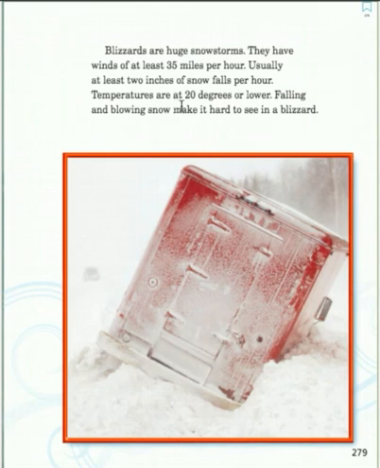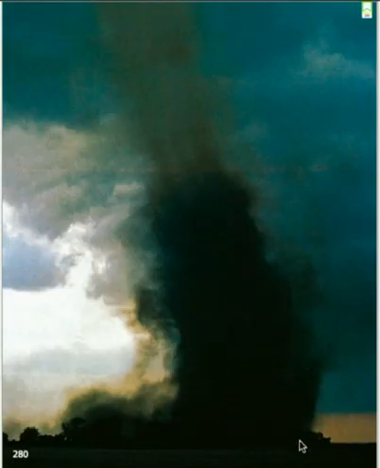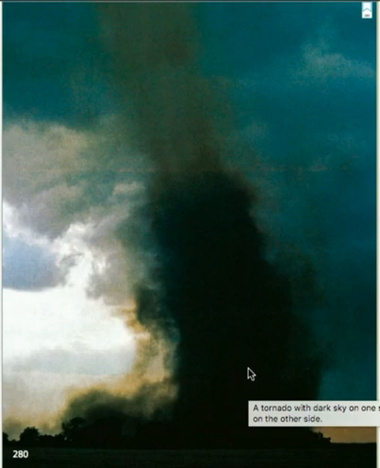Temperatures are at 20 degrees or lower. And falling and blowing snow make it hard to see in a blizzard. Yes, it does. Photograph. A tornado with dark sky on one side and light on the other side.